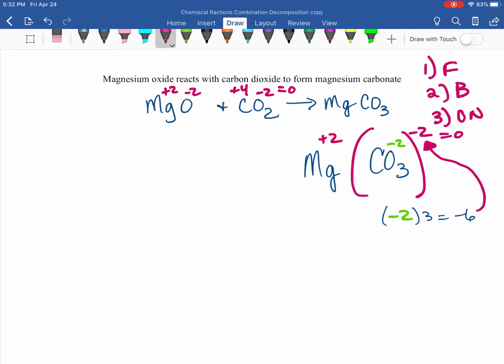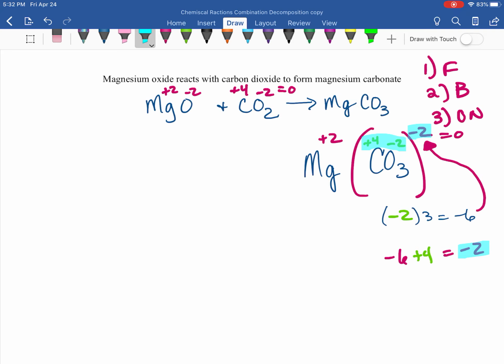All right, let's do a little bit of math. You've got a -2 on your oxygen, but you have 3 of them. And then in your overall oxidation state, you have to add up to a -2. So what does your carbon have to be? It's going to have to be a +4.